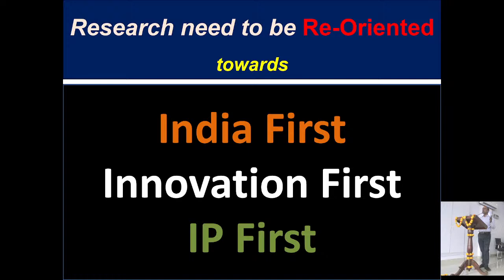Yes or no? So whatever work you do, try to have some innovation in it, some new thing. Don't do things in a regular manner. And then IP first. Whenever you feel there is something new, always take an IP first. By practicing this along with the existing practice, certainly we can change a lot.